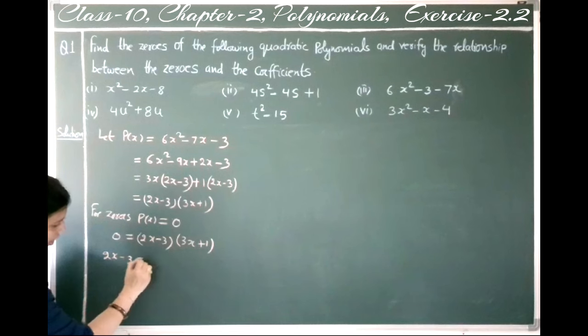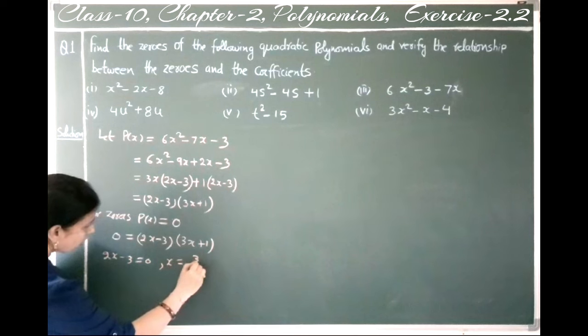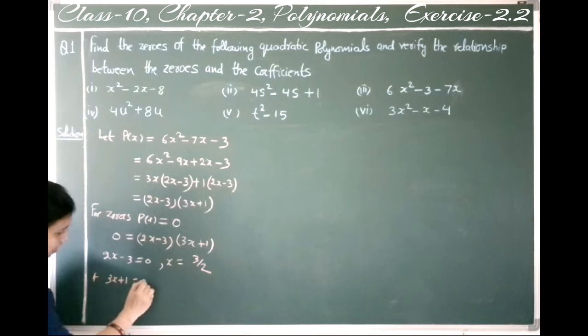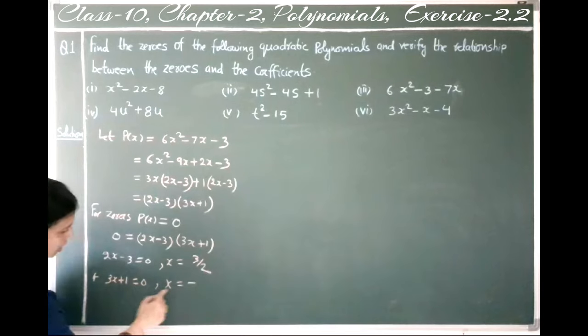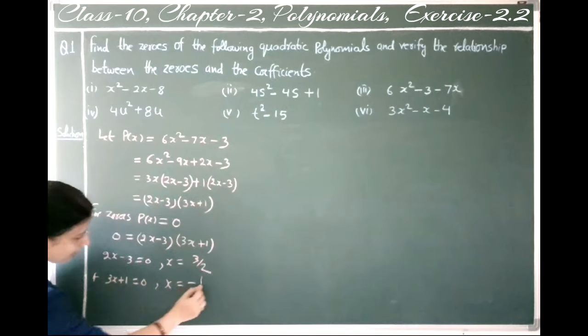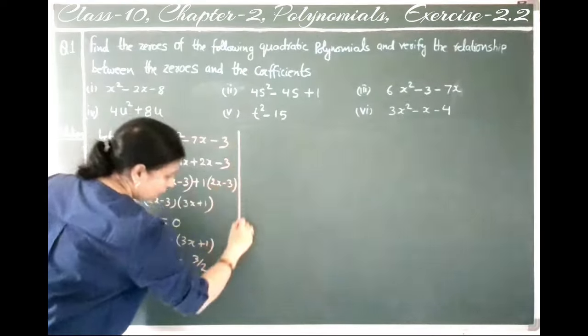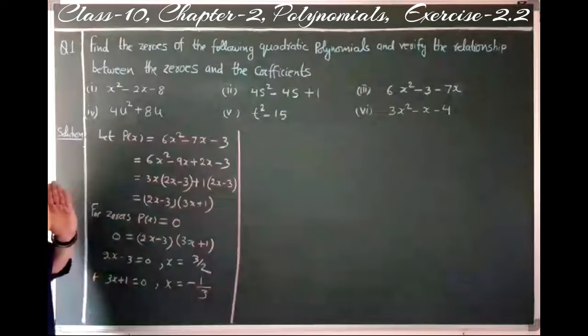So we have 2x minus 3 is equal to 0, then x is equal to 3 by 2. And if 3x plus 1 is equal to 0, then x will be minus 1 divided by 3. So we have two zeros, alpha and beta, 3 by 2 and minus 1 by 3.